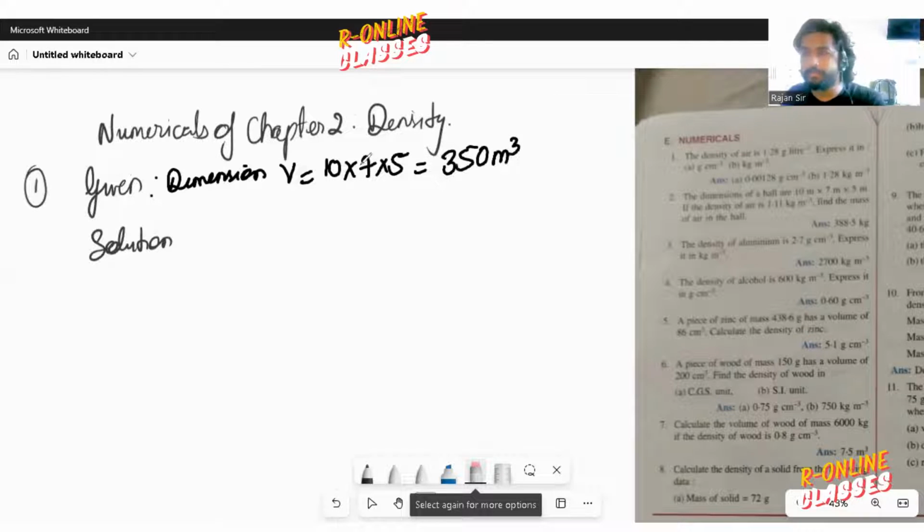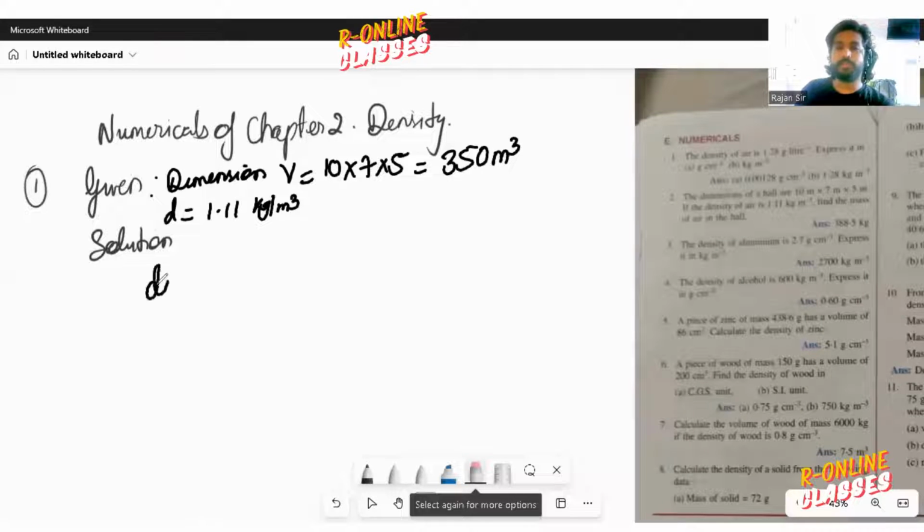There are 3 meters. And of course we have the density of air, which is 1.11 kg per meter cube. So you need to find the mass. So obviously the solution is density equal to mass upon volume. So the density of air equals mass of air upon the volume of the whole hall.